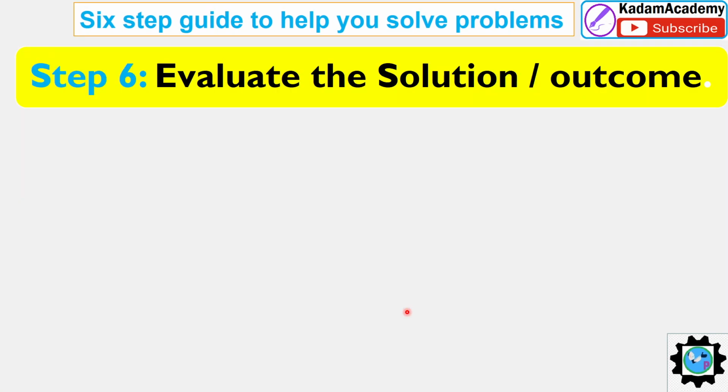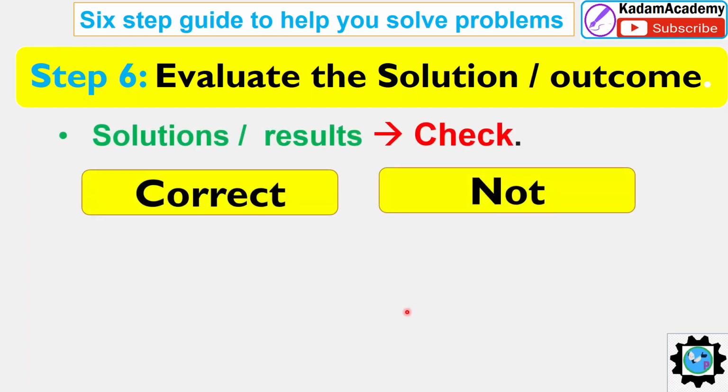The last step is nothing but to evaluate the solution, which will give the outcome of your problem. So in this sixth step, when the solution is evaluated, what do we have to do? Check whether the solution is correct or not.